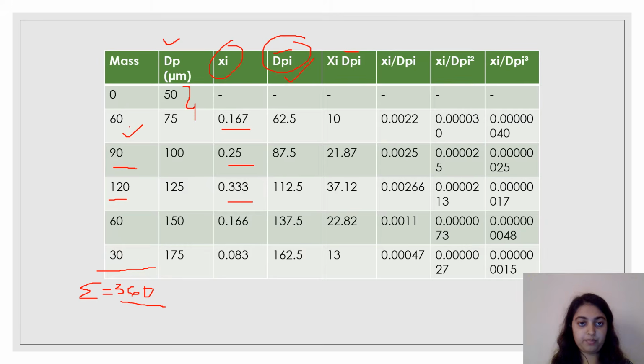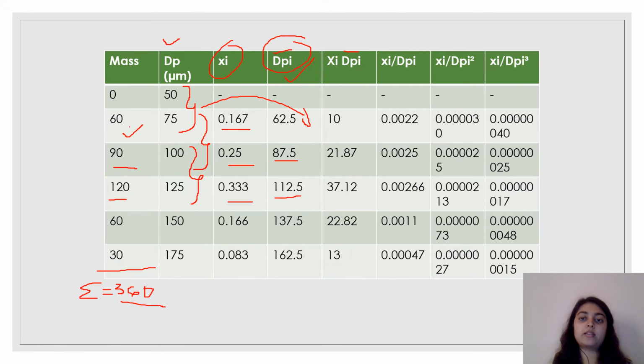So 50 plus 75 divided by 2 will be 62.5. Next, how did 87.5 come? 75 plus 100 divided by 2 will be 87.5. Next, 100 plus 125 divided by 2 will be 112.5 and so on.